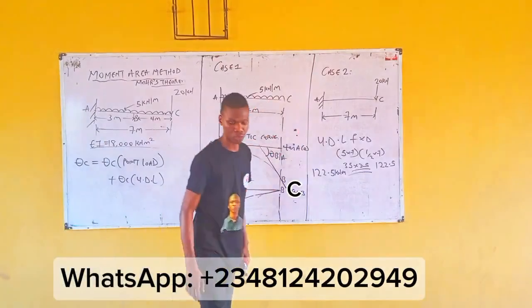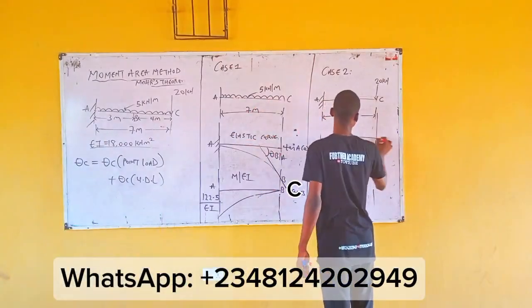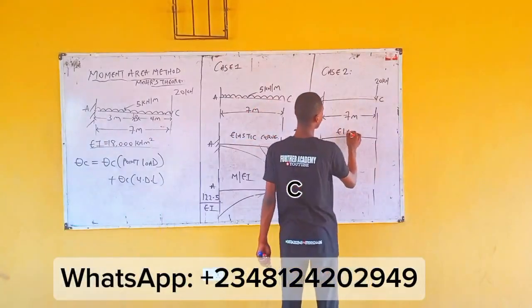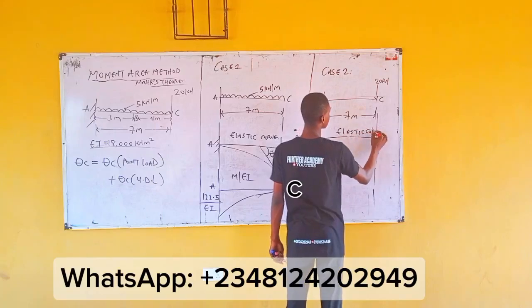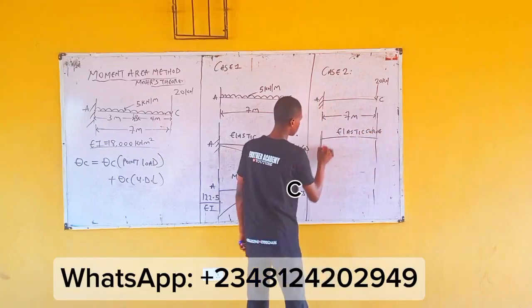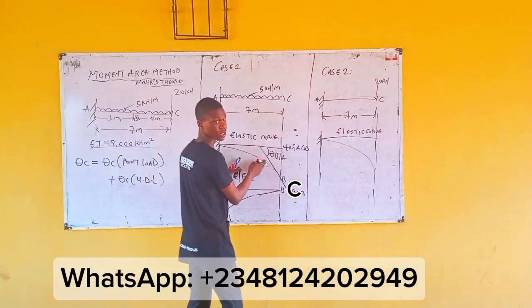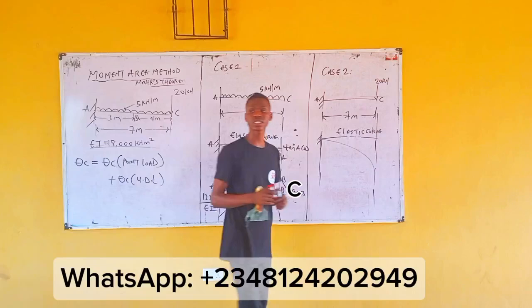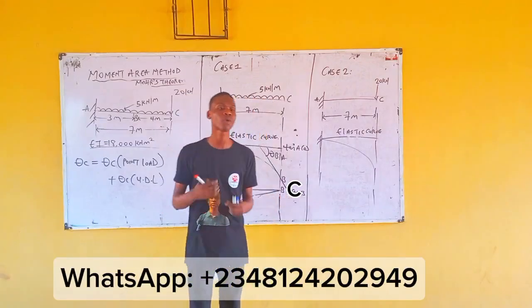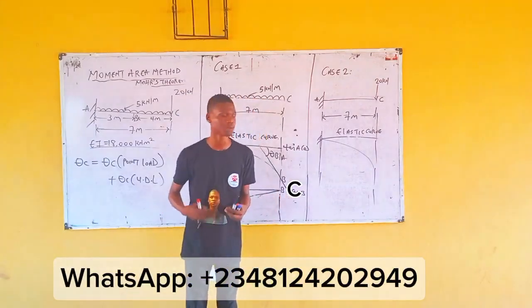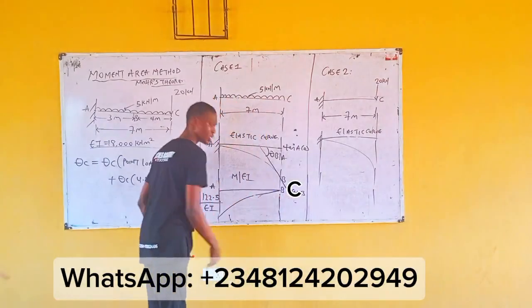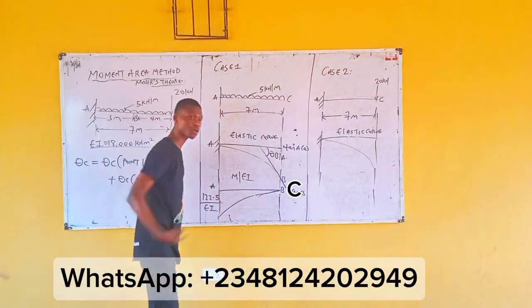Now for this point load, what do you have? This is the elastic curve, right? You are just representing the same thing here. Nothing is changing. To avoid redrawing your diagram, you can make your sketch under the same diagram because the elastic curve will not change.